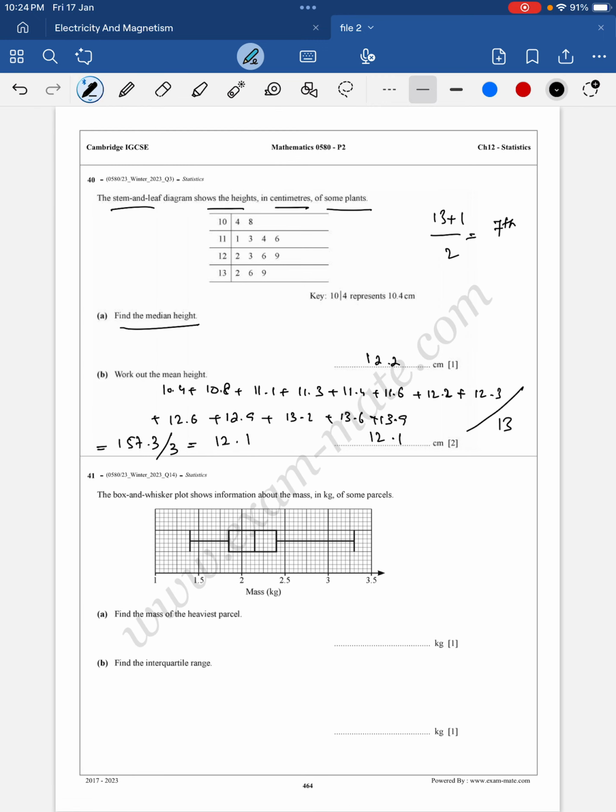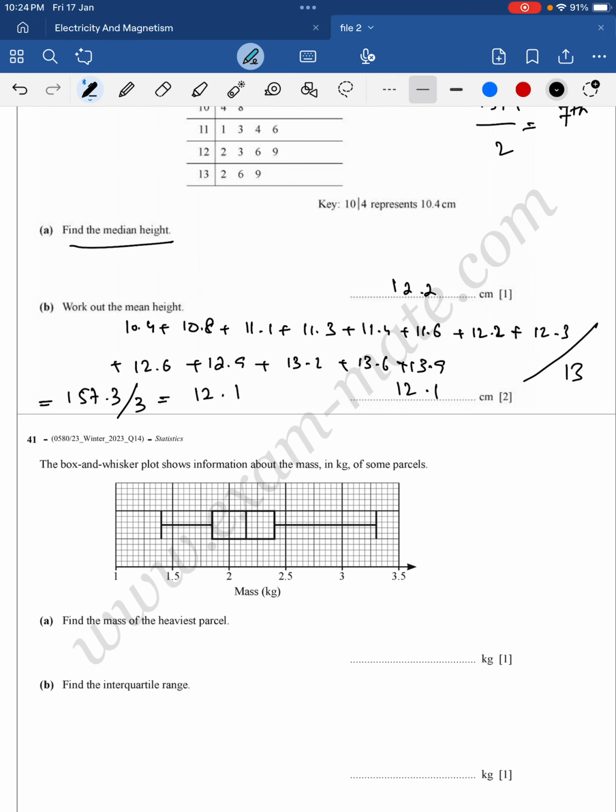Clear? The last question. The box and whisker plot shows information about the mass in kg of some parcels. Find the mass of the heaviest parcel. So the interpretation of the box and whisker plot is, this is the median, this is the upper quartile, and this is the lower quartile.